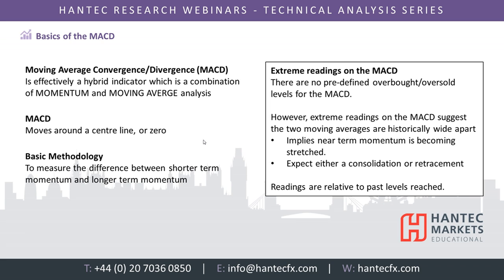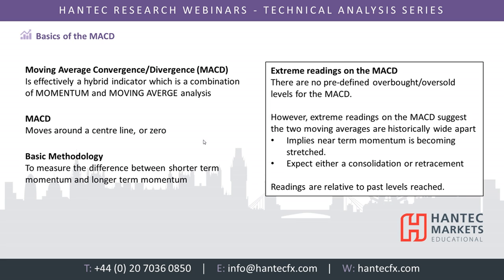Effectively, the MACD looks at the difference between two different moving averages, which is why you get the name Moving Average Convergence, where they're coming together, and Divergence when they're moving apart. So it's the difference in the levels of moving averages and as to where they are, which gives you the basis for the indicator.